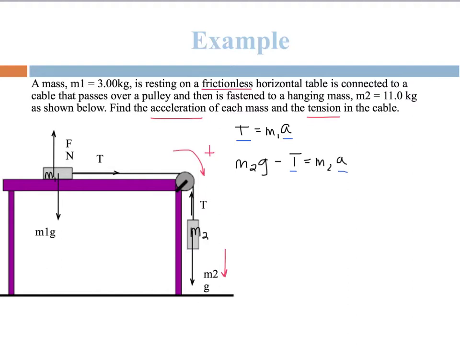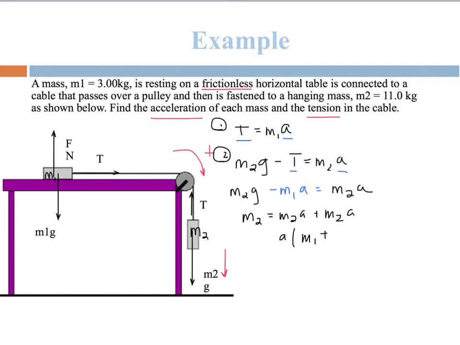So, two equations with two unknowns, I can just substitute and solve. So I replace tension with mass 1 times acceleration for my first equation. And then now I just have one unknown variable, which is my acceleration. So get it alone and by itself.